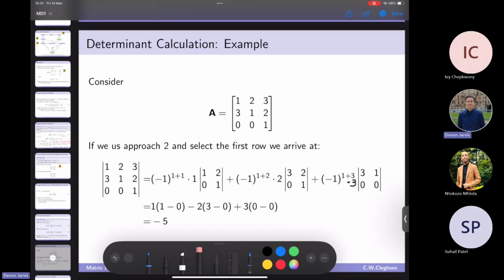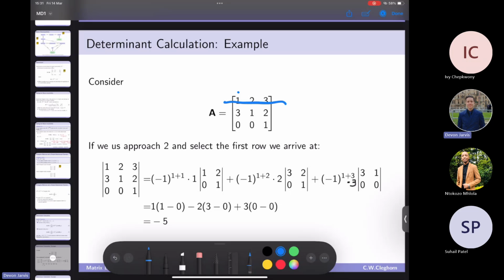So that's step 1: you get the sign off the front. Then you take the coefficient, the value of the element of the row that you're running across. In this case, 1, 2, and 3 are your coefficients out front. For every one of those values, you consider the submatrix that results when you delete its row and its column. The first row, first column is our coefficient, that's the 1 off the top.